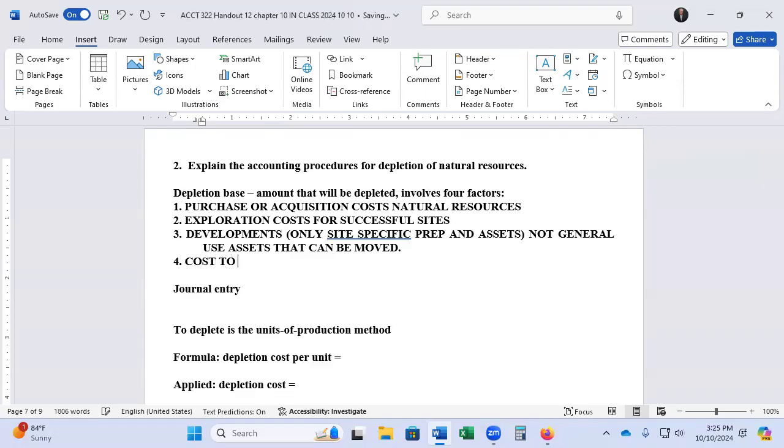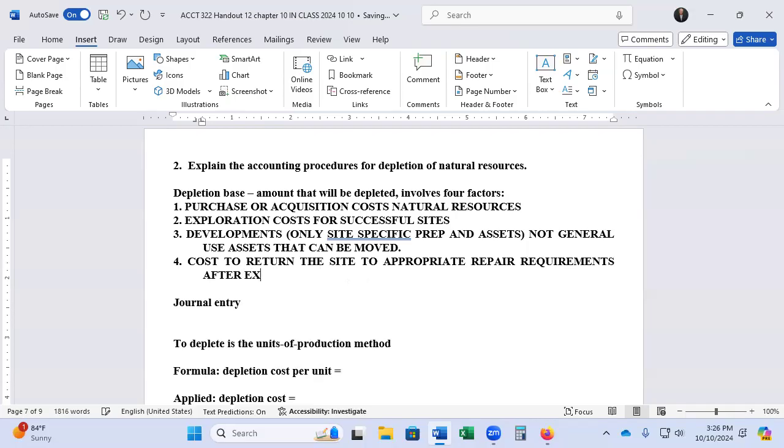And then the cost to return the site to appropriate repair requirements after extraction.